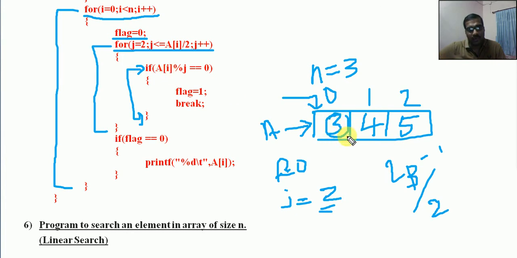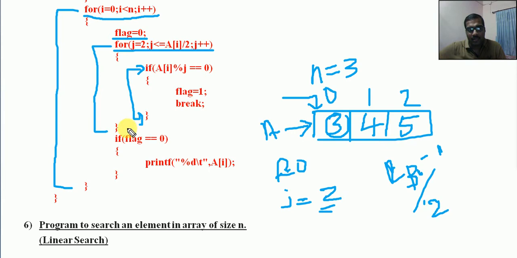If a of i, that is 3, if 3 modulus j, that is 2, 3 modulus 2, whether it is equal to 0. In this case it is not equal to 0 because we are getting 1 remainder. So it will not enter into this, because 3 modulus 2 is equal to 1.